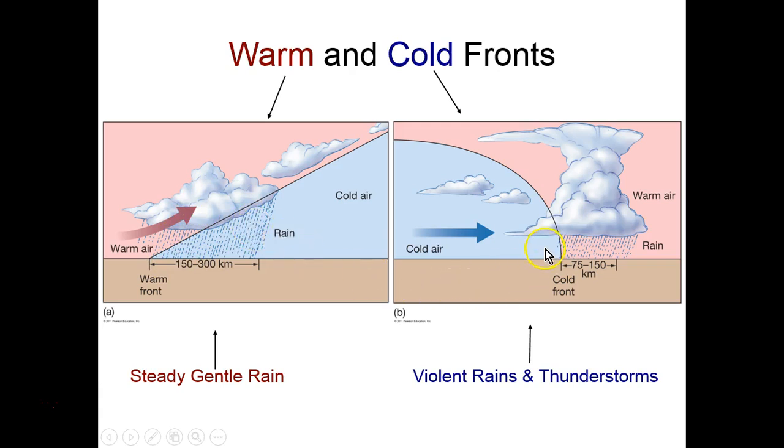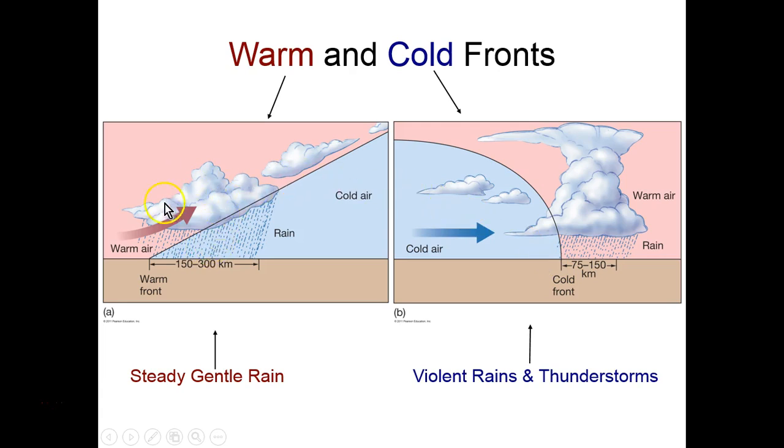Whereas with a cold front, you already have warm, moist air, and then you have cold air that comes in. That cold air pushes the warm air up rapidly, and that causes a sudden release of rain, and that leads to violent rains and thunderstorms.